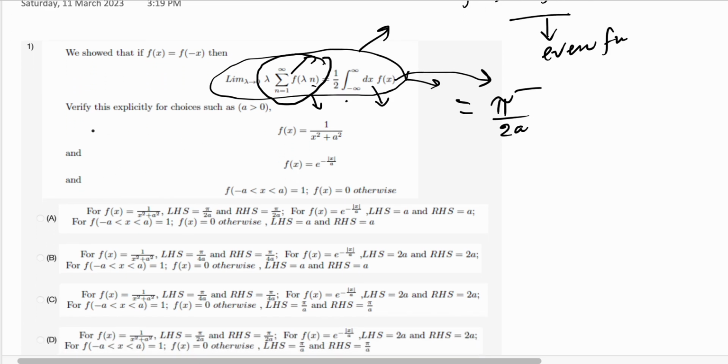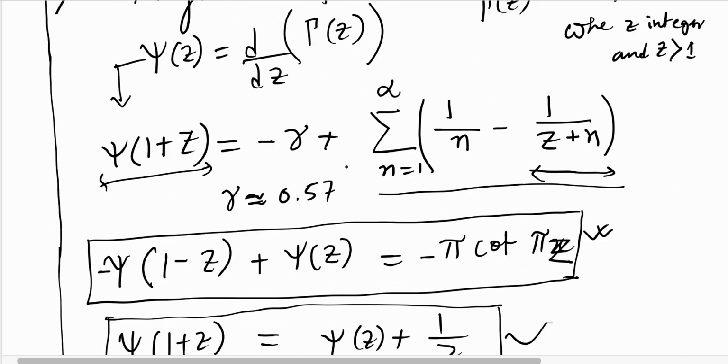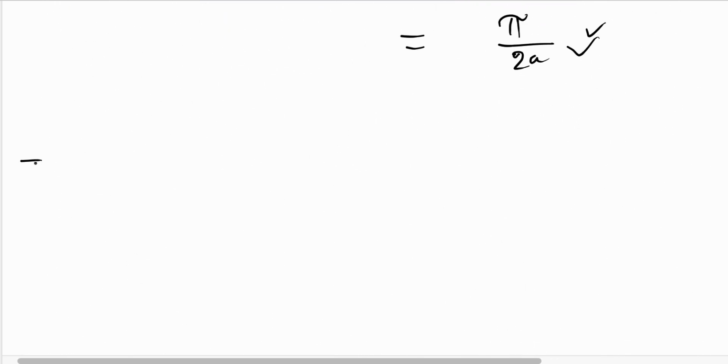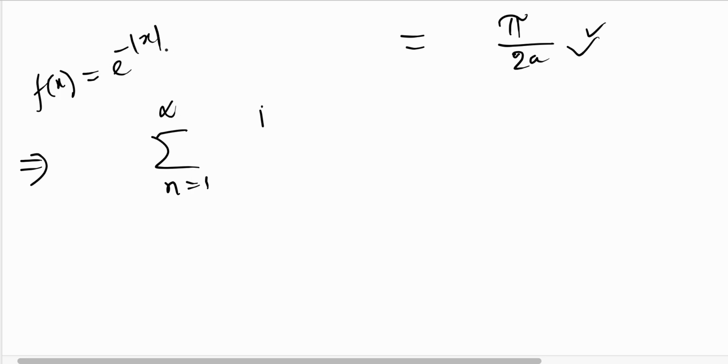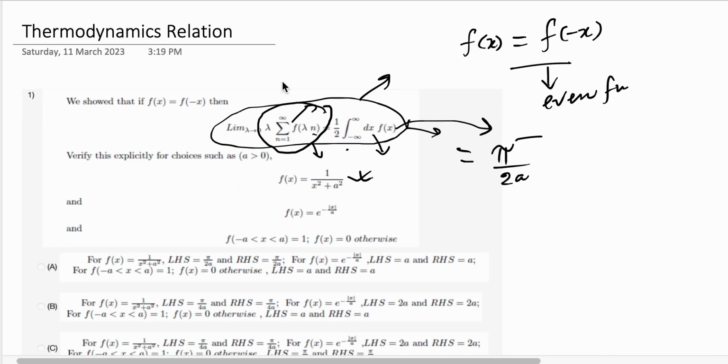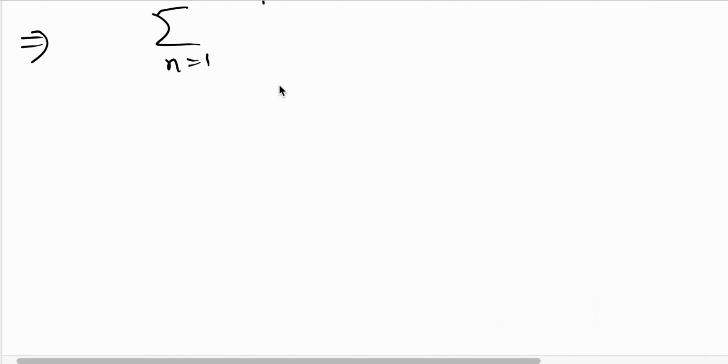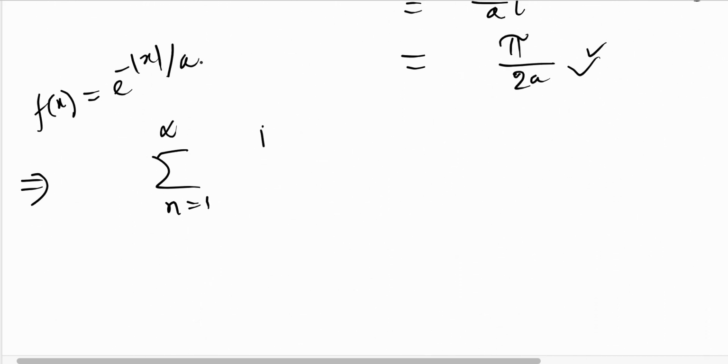Now the first question we have done, and in the second question it is asked for the same things for f of x equal to e to the power minus x by a. It is actually very easy. So let us do the second question, where the summation of n equal to 1 to infinity, here f of x is equal to e to the power minus mod x by a.